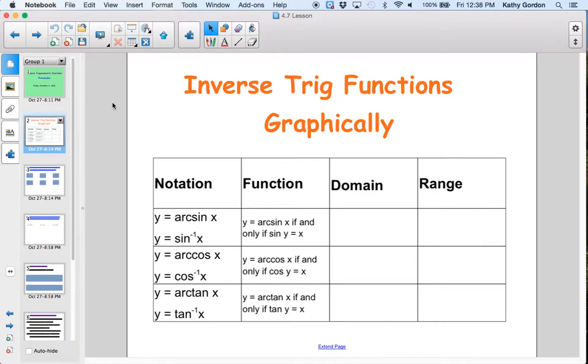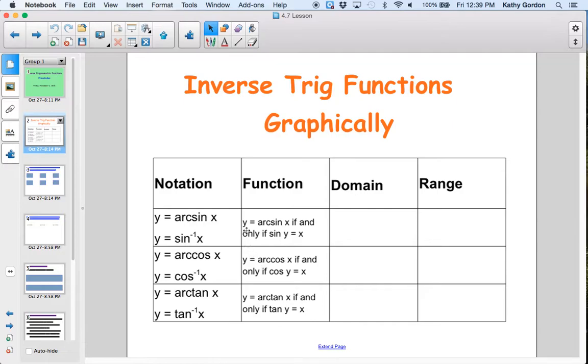And so again, what we mean when we say we want the inverse sine of x or the arc sine of x, what we mean is y equals the inverse sine of x if and only if taking the sine of y will give you the x value. So remember, in inverse trig form, the y now is our angle.